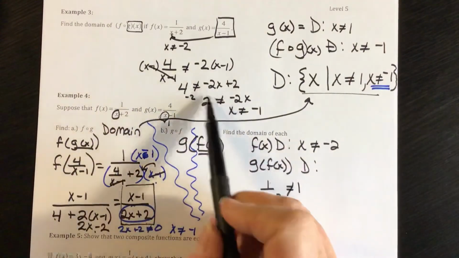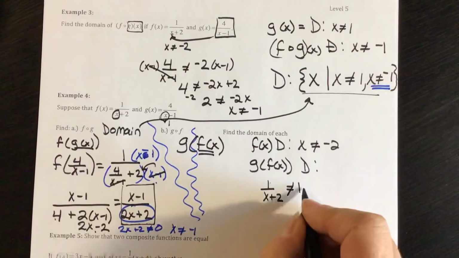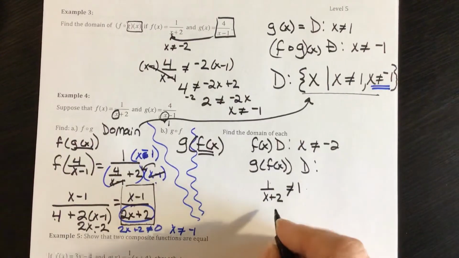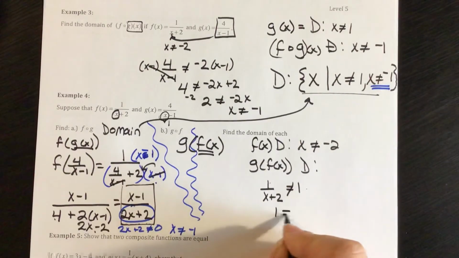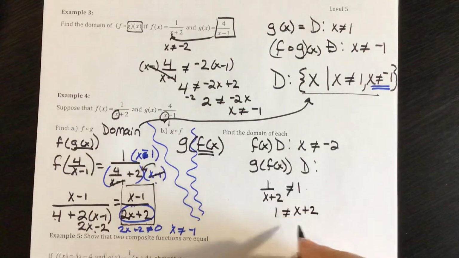So just like I did up here, I'm solving for x, and I'm going to multiply both sides by x plus 2, so that gives me 1 cannot equal 1 times x plus 2, so x cannot equal negative 1.